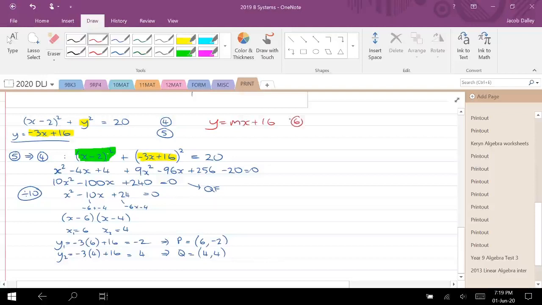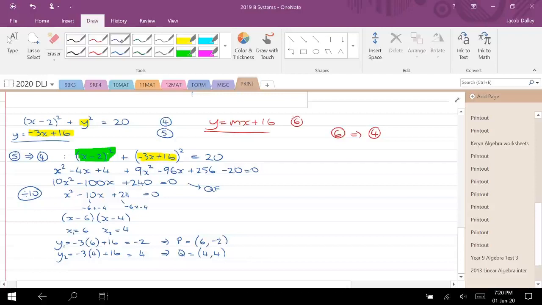So when you're doing one of these problems, they basically start out the same as a regular intercept problem. We're trying to find where this equation intercepts our circle. So we're still going to go 6 into 4. I might just change back to blue now. So that's still how we're going to start.